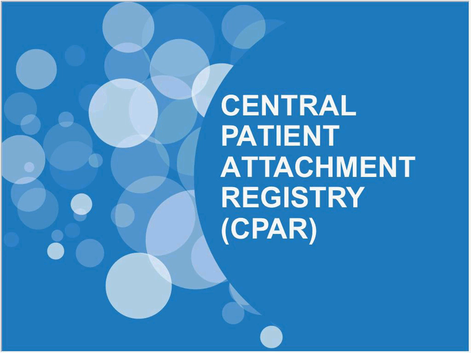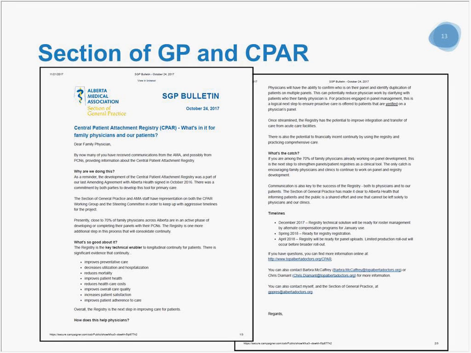So I'm going to go through a few slides here that just reflect where things are at and what the Attachment Registry is. If we go to slide 13, the SGP bulletin that we sent out back in the fall of this year basically defined where things were at that time, and just to review what we talked about there was similar to what Tobias has just mentioned: the advantage of continuity in this process of healthcare improvement, where continuity offers value, and the Attachment Registry acting as a key technical enabler in order for this to happen.